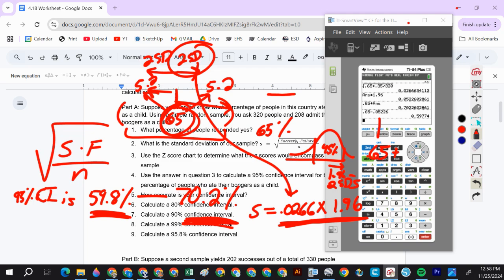Well, how far is 1 standard deviation? It's 2.66%. So this is 1 standard deviation. So I need to do 2 of those to the right and 2 of these to the left. We're going to do a whole bunch of them, so hopefully it'll sink in here in a second.